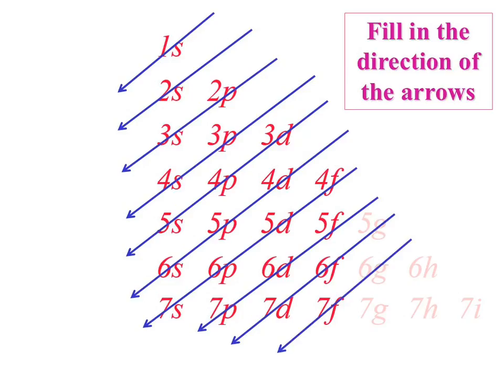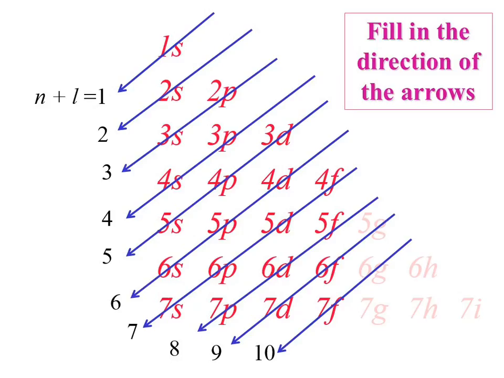What the subshells on a given arrow have in common is they have the same n plus L value. For instance, if we want to find the arrow that has 4s and 3p on it, 4s and 3p, we said the n plus L value is 4. That's the way this arrow diagram works.